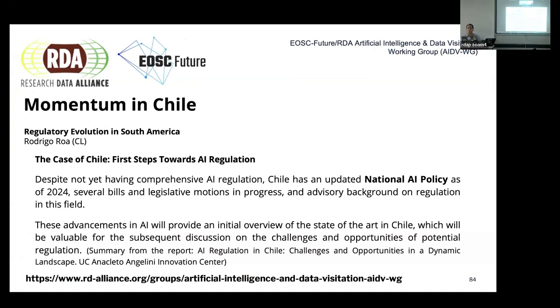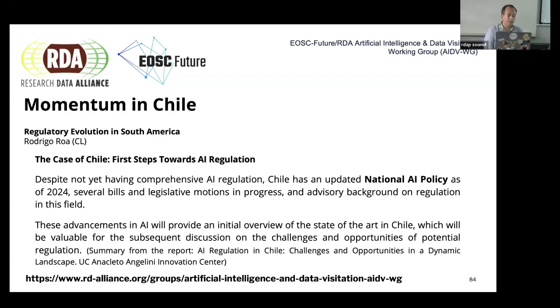Okay, hi everyone. Well, the case of Chile: first steps towards AI regulation. Despite not yet having a comprehensive AI regulation, Chile has an updated national AI policy as of 2024, several bills and legislative motions in progress, and advisory background on regulation in this field.